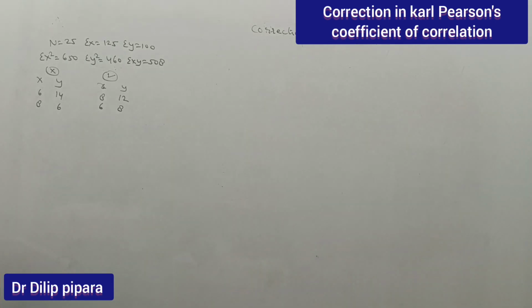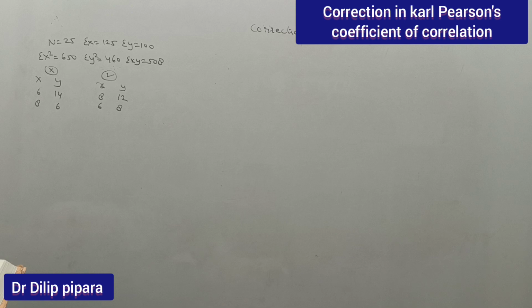A computer operator, while calculating the correlation coefficient between two variables x and y for 25 pairs of observations, obtained the following results: n is equal to 25, sigma x is equal to 125, sigma y is equal to 100, sigma x square is equal to 650, sigma y square is equal to 460, and sigma xy is equal to 508.